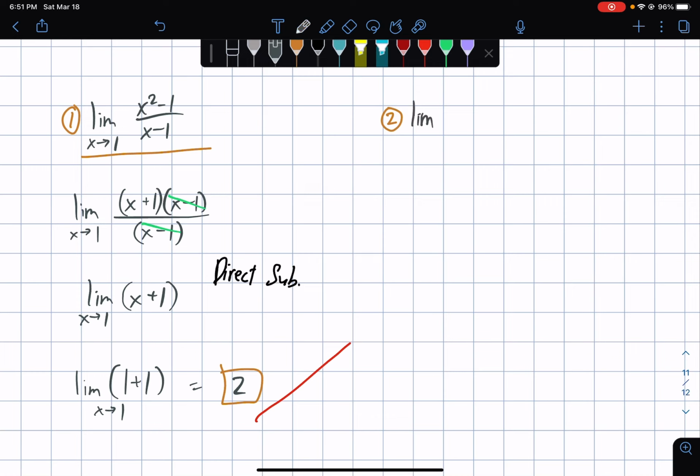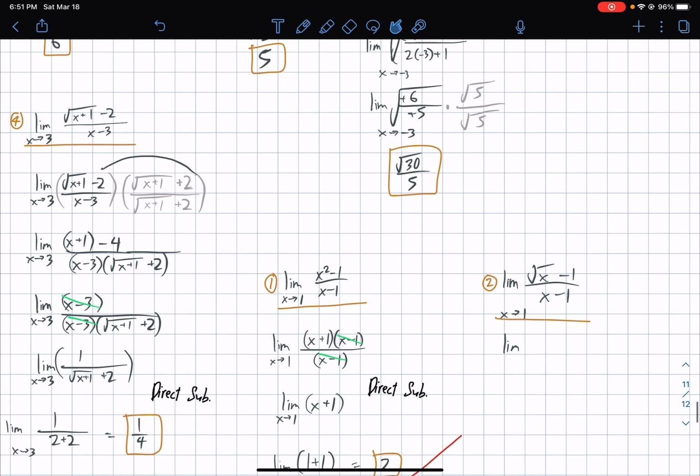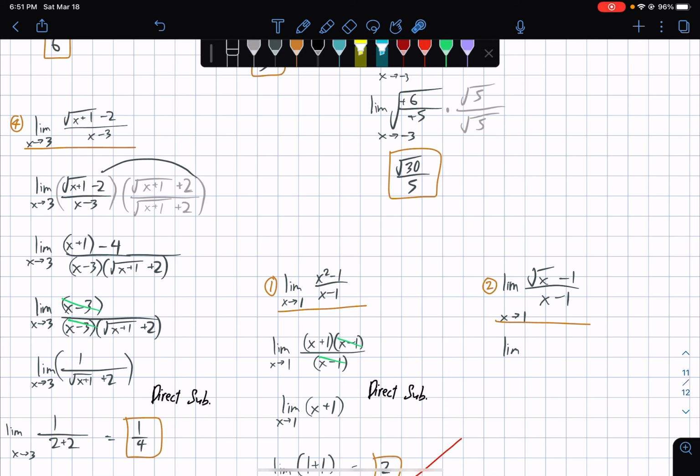Limit of the square root of x, then minus 1, and then x over x minus 1, such that x approaches 1. So I believe we used to conjugate. We'll be using conjugate in this question because we have a square root, something that's similar to this one.